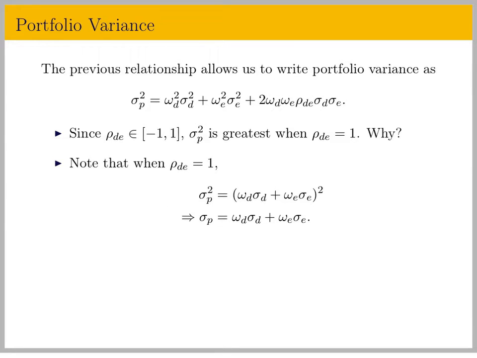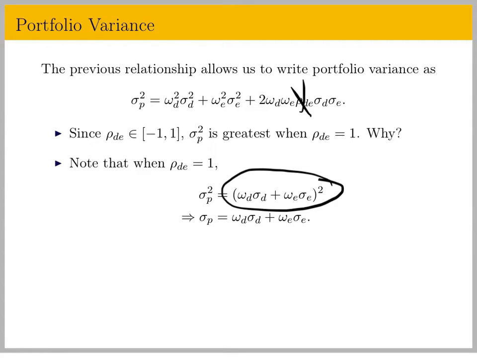Now there are some special cases that are important to note. When rho is equal to 1, then in fact we take that out because it's just a 1. Then we can rewrite the portfolio variance as the square of the sum of the two volatilities, the weighted average of the two volatilities.